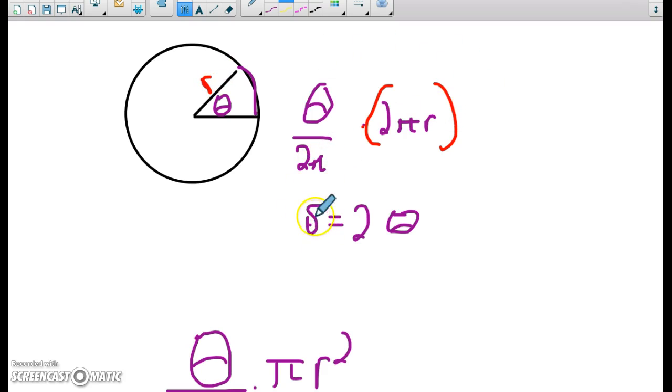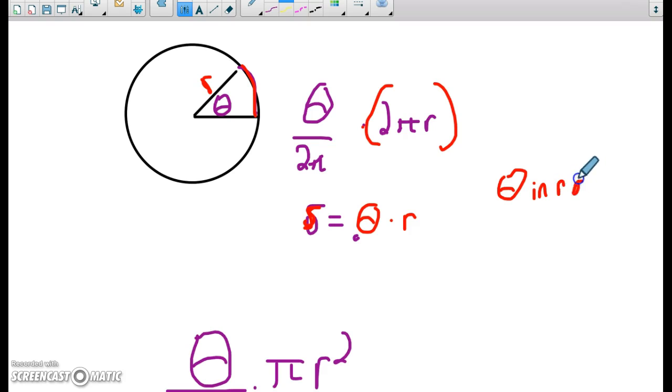Notice a little bit of algebra brings me down to the arc length, which I'll call S, equals theta times r. Because the 2's cancel out and the pi's cancel out, the arc length ends up being theta times radius. That's an easy way to do it, but remember theta is in radians. Otherwise, this ratio is different.